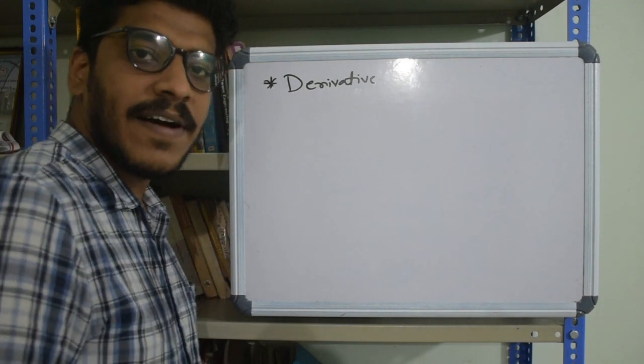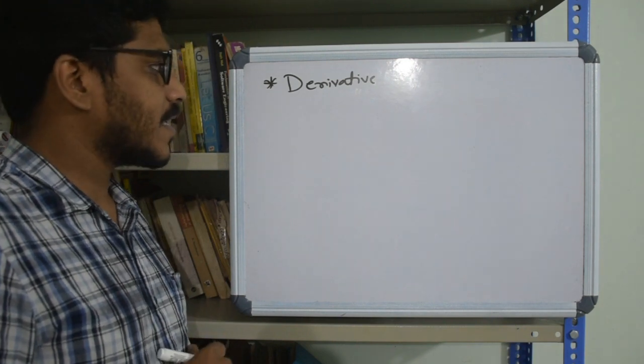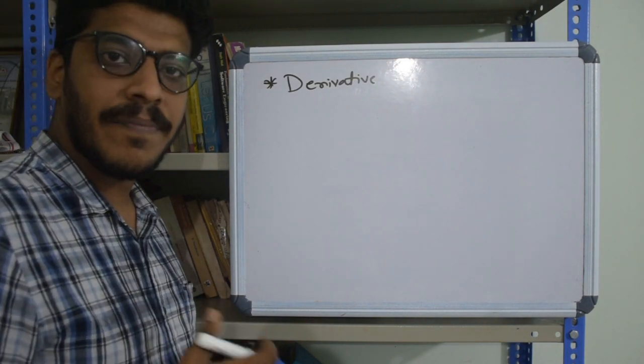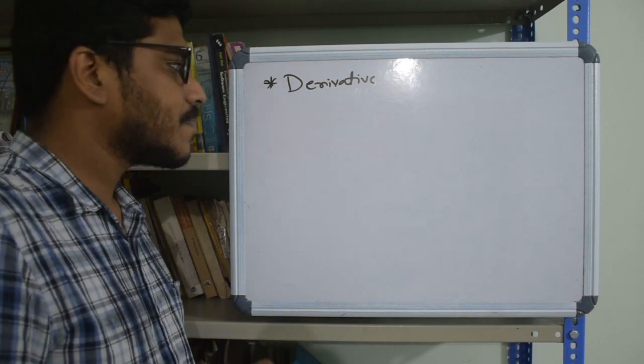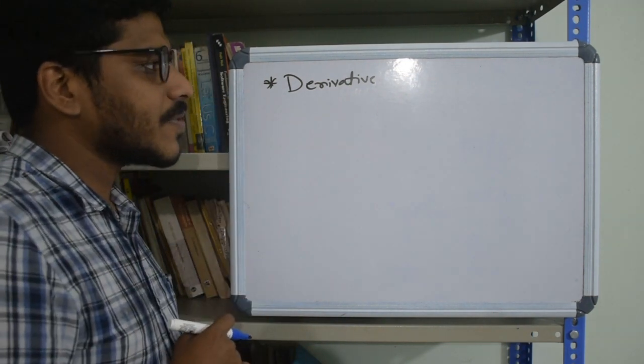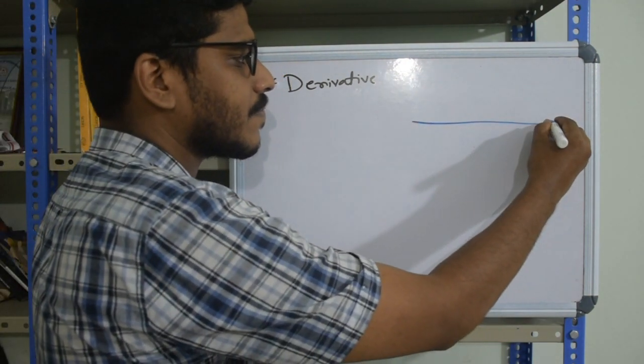So before formally defining derivatives, we'll examine a physical condition where derivatives are made use of. So we actually start with an example. Consider the situation of a bus traveling on a straight highway.